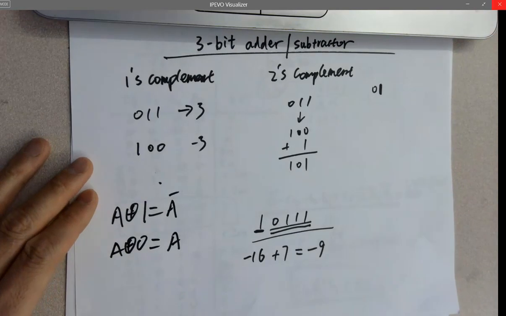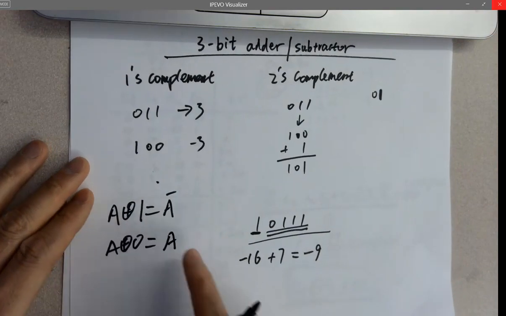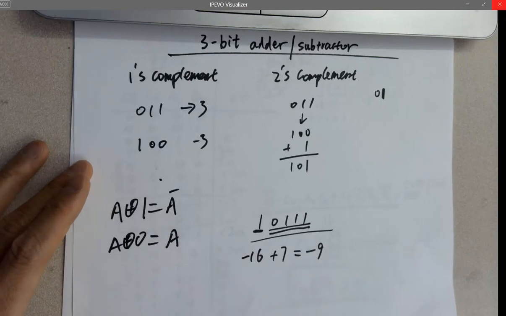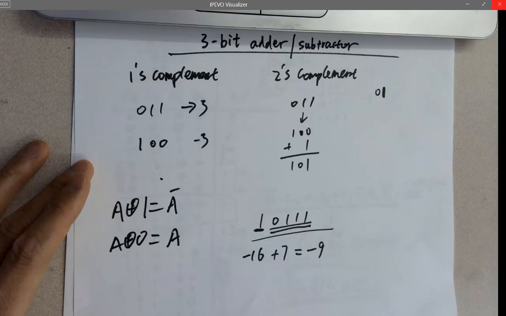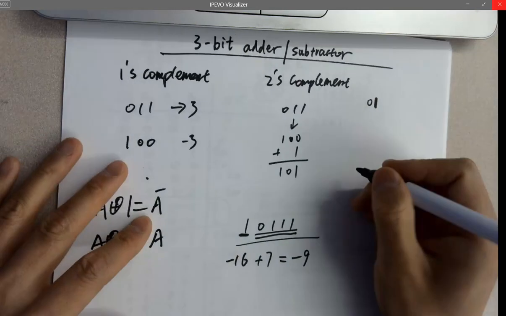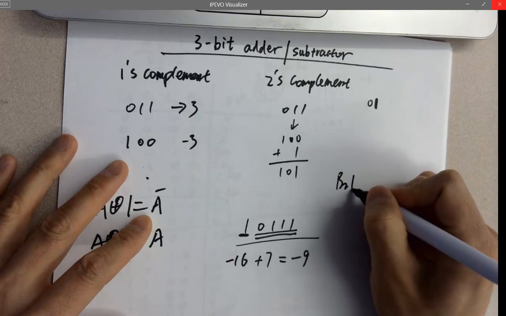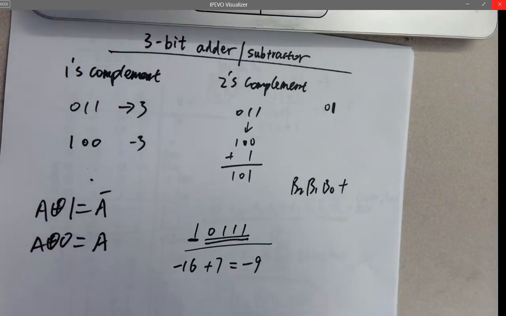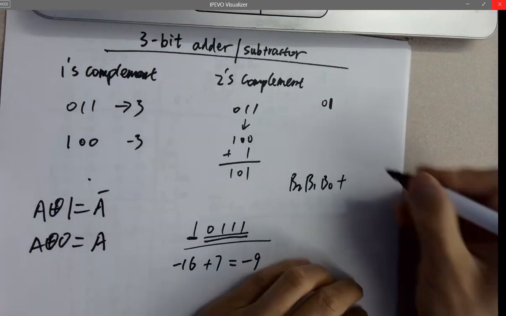So in that case, you can flip or toggle all the bits of A, like A2, A1, A0, by XORing every single bit with 1. Because in 2's complement, if you're doing addition, it's easy, just adders. No problem.